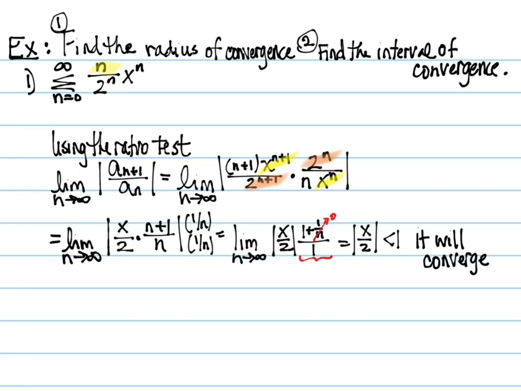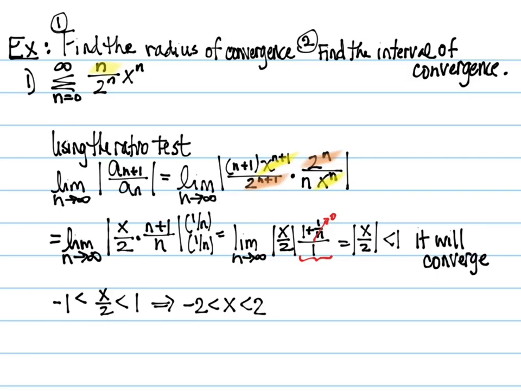Well, it's a simple inequality, right? So absolute value is the same thing as having a negative 1 less than x over 2 less than 1. You good with that? So what would that mean I need to do? Multiply by 2, right, absolutely. So this means that I have negative 2 is less than x is less than 2. Everybody good with that? So if my x values are between negative 2 and 2, it will converge absolutely.